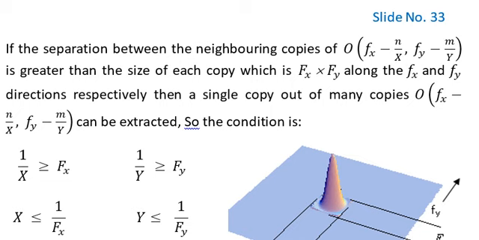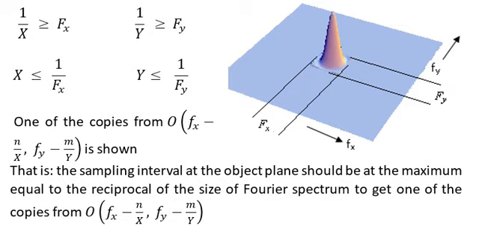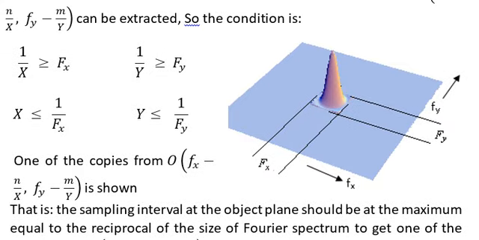Since we are talking about an infinite number of copies, one of such copies in the center, that is for n is equal to 0 and m is equal to 0, is what we have shown in this diagram. You can see that the width of this copy along the fx direction is capital Fx, and the width of this main lobe, this spectral copy, along the fy direction is capital Fy.